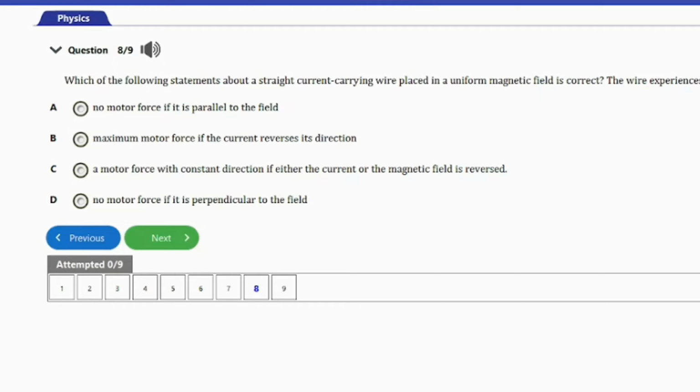So guys, the answer to this question is option A here. The wire experiences no motor force if it is parallel to the field. And that's it for this question. Let's go ahead and consider the next question, guys.